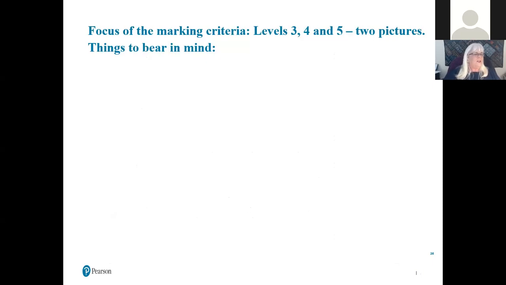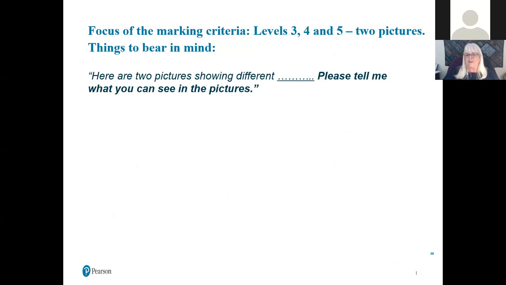And then just to move on to an extra little slide here, which is some things to bear in mind, especially for level 3 and above, where you have 3 pictures. The question will be something like this: here are 2 pictures showing different lifestyles. It could be different ways of learning or different holiday types.